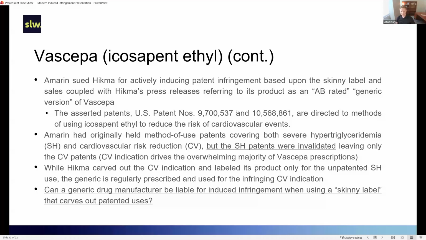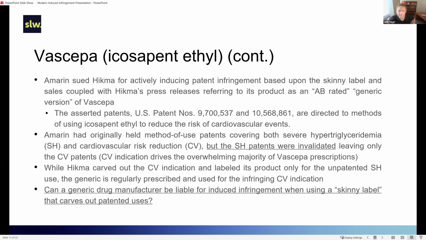These are the standing patents. Amarin actually had also originally held method of use patents for the previous SH and CV indications. These patents were invalidated, leaving only the CV patents.